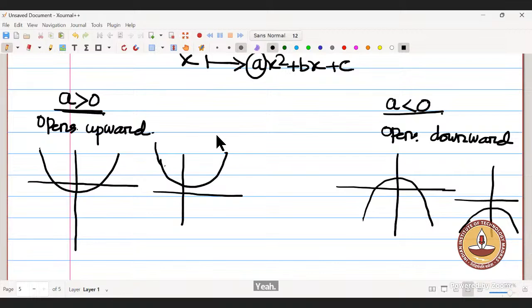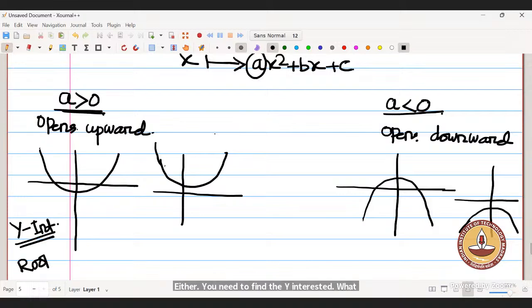Yeah, there are two possible cases through which you can do it. So either you need to find the C, which is the y-intercept, right? Either you need to find the y-intercept, or you need to find the roots, that is the x-intercept, right?